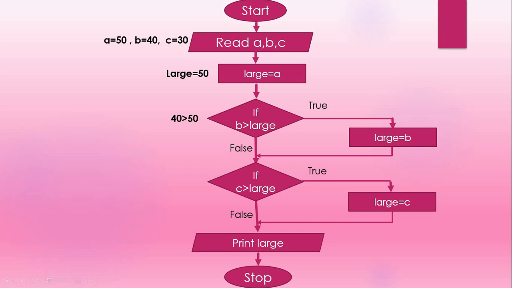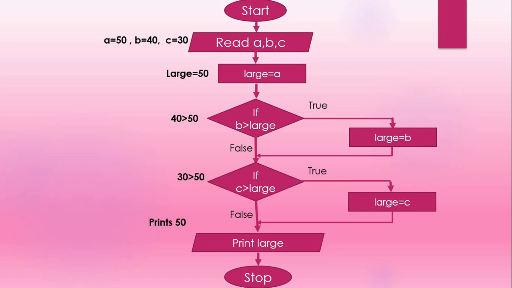So if it is false, it comes here and it checks whether C is greater than the large, that is 50, that is 30 greater than 50. In this case, the condition becomes false, so it comes here and it prints the largest value, that is 50, that is A.